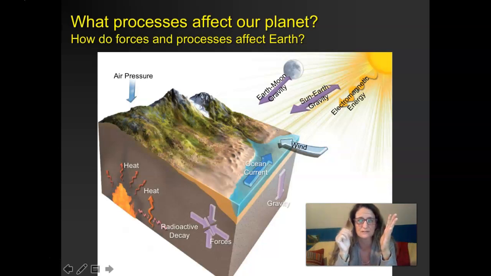We have our seasons, and differential heating gives us wind because it changes the high pressures and the low pressures. So we have wind. It also heats the oceans. So we have hot parts of the ocean and cold parts of the ocean and denser and less dense parts of the ocean, which gives us our ocean currents, which moves heat and cold around our earth with these big ocean currents.